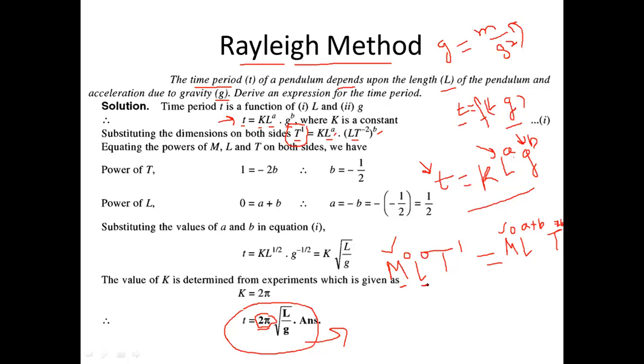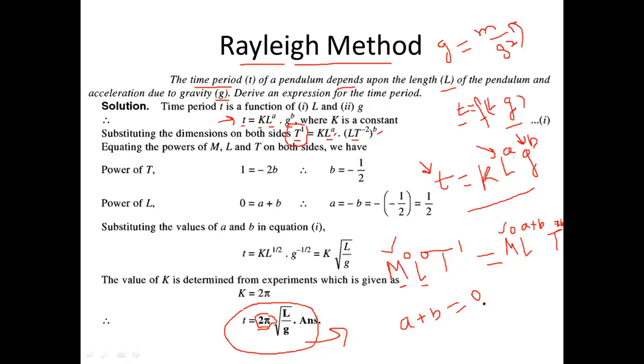L to the power 0 is on the LHS, but L to the power a plus b on the RHS. So for homogeneity, a plus b should be equal to 0. Why is it 0? Because on the LHS the power of length is 0, so on the RHS also the power of length should be 0.